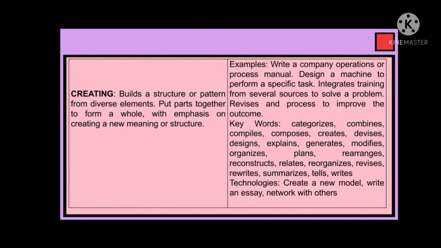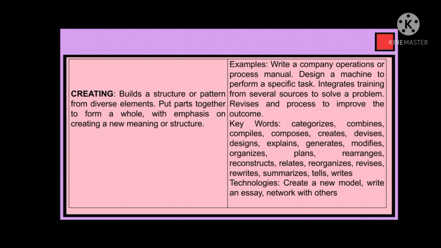And the last one is creating. It is building a structure or pattern from diverse elements, put parts together to form a whole with emphasis on creating a new meaning or structure. For example, write a company operations or process manual, design a machine to perform a specific task, integrate training from several sources to solve a problem, revise a process to improve the outcome.